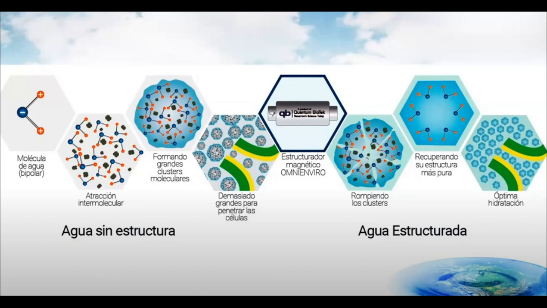nature's 1,000-year process. Water structuring improves water infiltration, moisture retention, soil pH, and reduces soil salinity. It enhances water distribution in the soil profile, increases equipment lifespan, and reduces energy consumption.